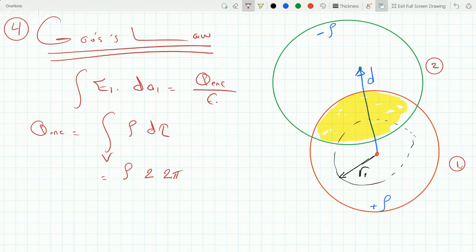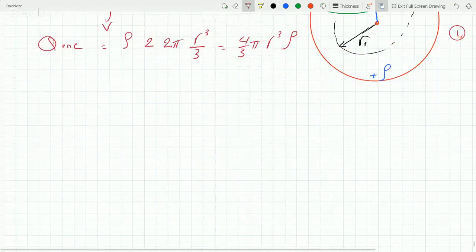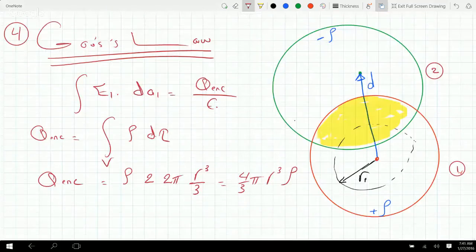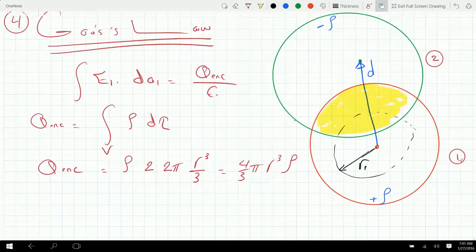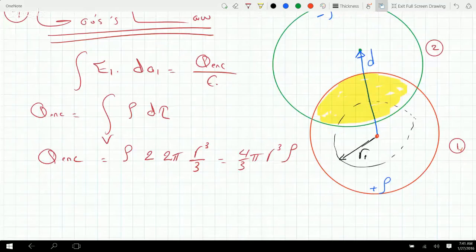And r squared dr gets you r cubed over 3, from 0 to r. So Q enclosed will equal 4 over 3 pi r cubed rho, which is basically the volume of the sphere times rho. And this is r1, we said.